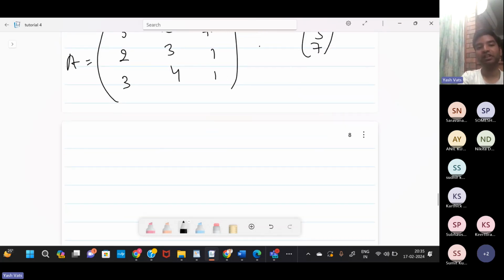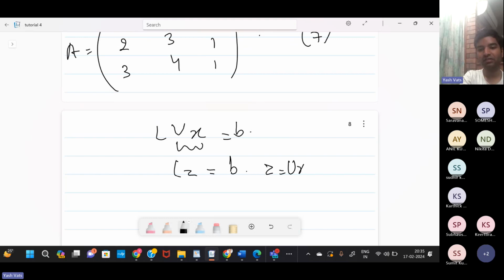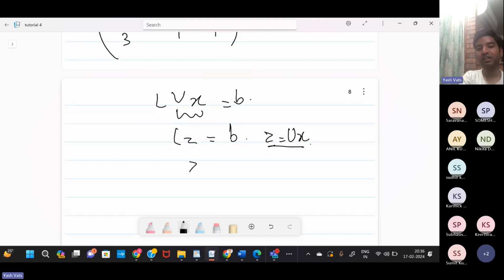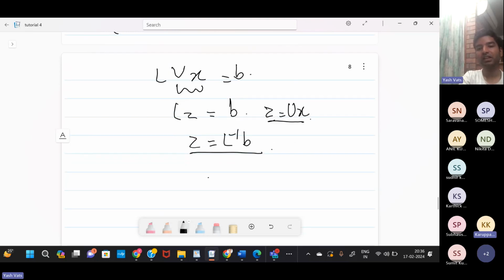If you factorize A as LU, then LUX is B. Let LZ be B, where Z is UX. Then Z is equal to L inverse B. Once you have Z, you can find X equal to U inverse Z.